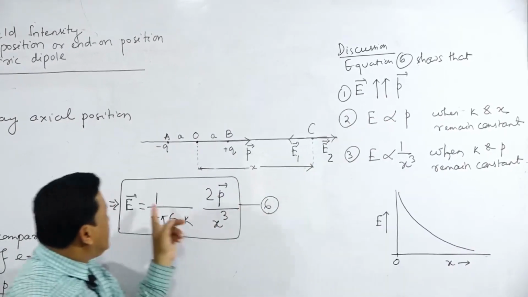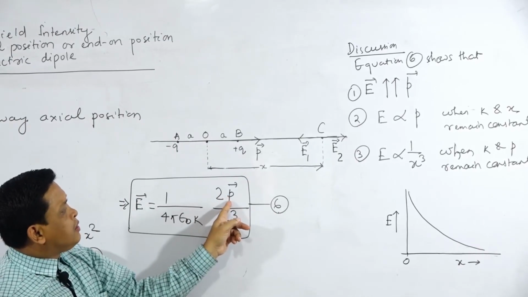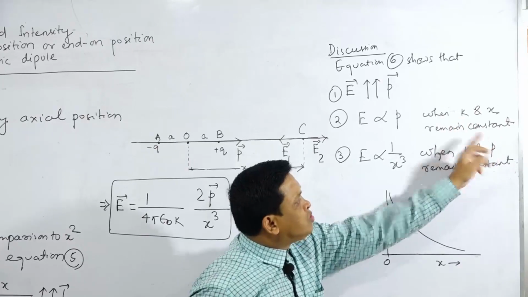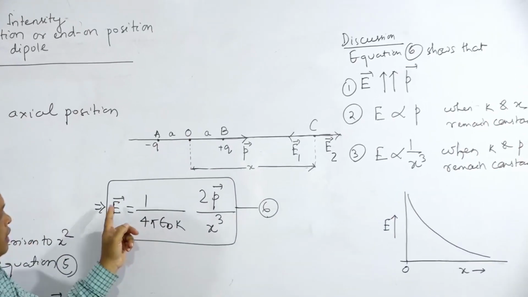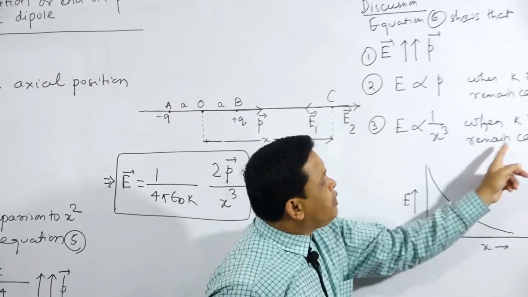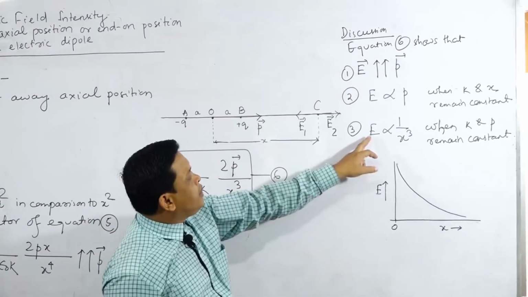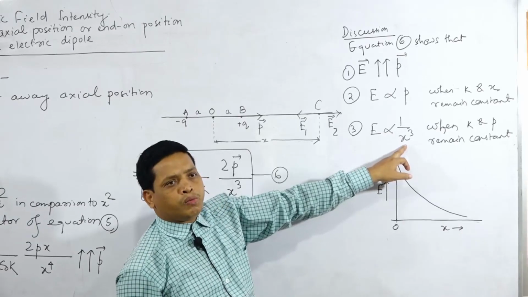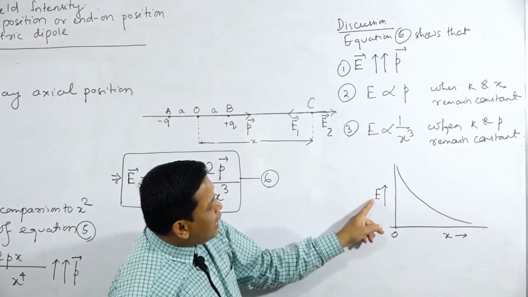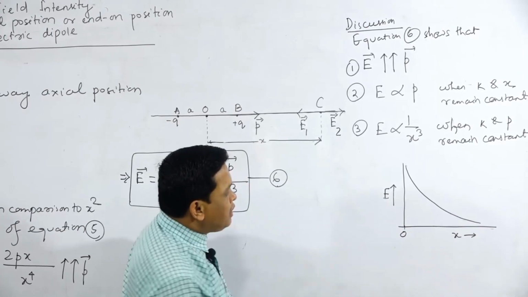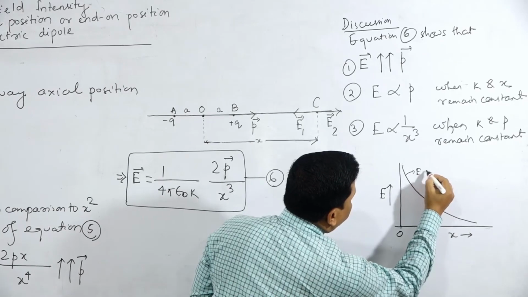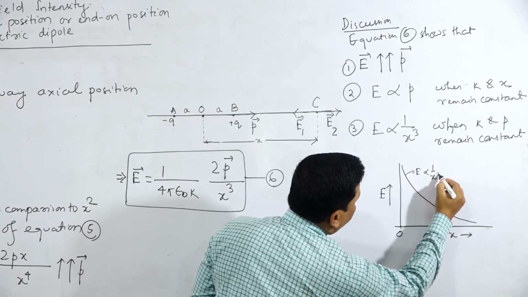E is directly proportional to p, that is the magnitude of dipole moment, when k and x remain constant, and E is inversely proportional to x when k and p remain constant. E is inversely proportional to x cube. Now if you plot a graph between E and x, then you will get a graph like this. So this is E inversely proportional to x cube.